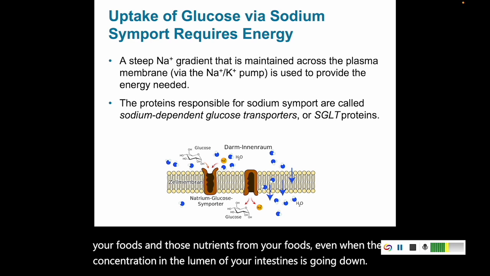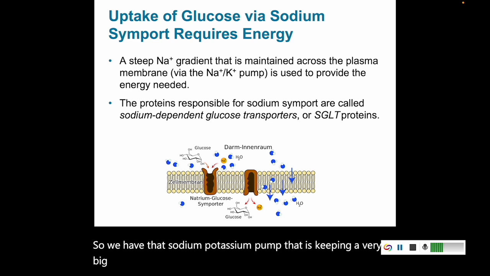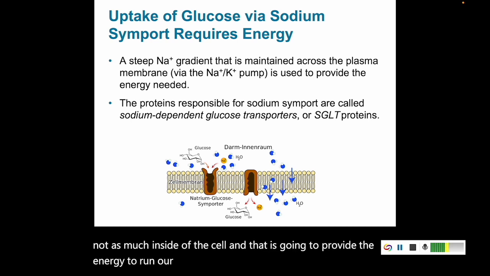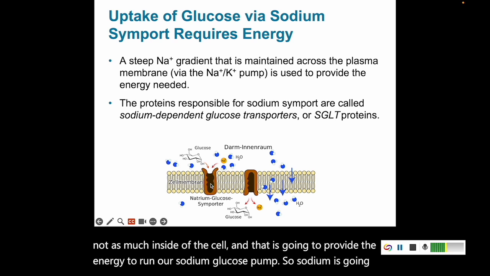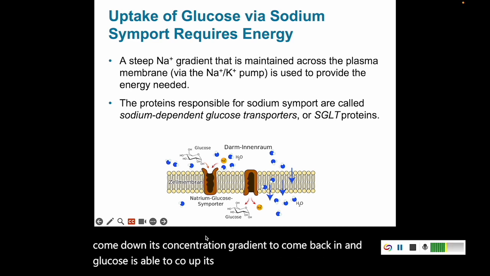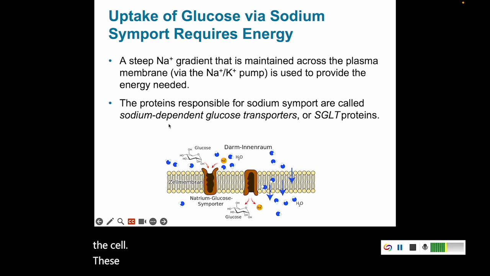So we have that sodium-potassium pump that is keeping a very big sodium gradient. You've got lots of sodium outside of the cell, not as much inside of the cell. And that is going to provide the energy to run our sodium glucose pump. So sodium is going to come down its concentration gradient to come back in, and glucose is able to go up its concentration gradient to come into the cell. These proteins are called sodium-dependent glucose transporters, or SGLT.